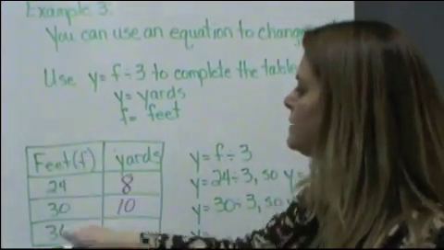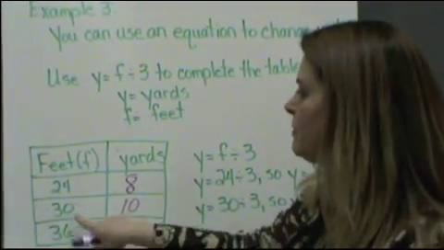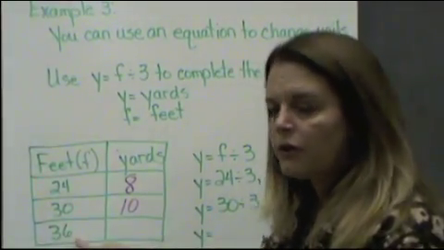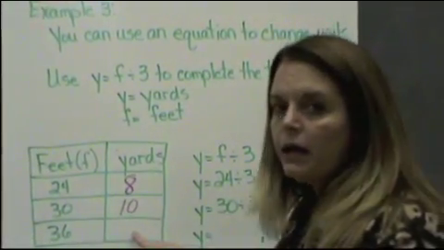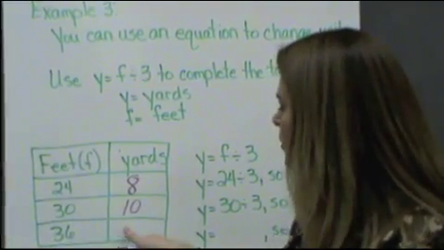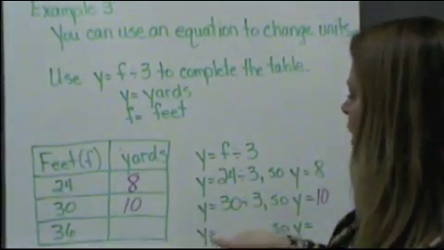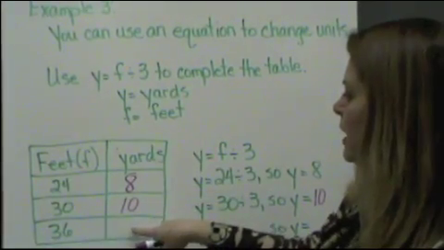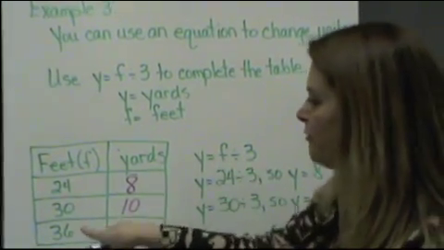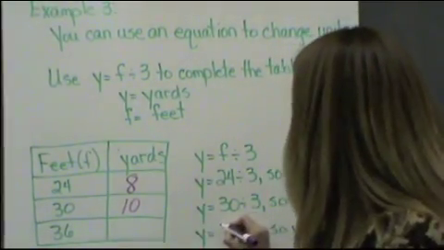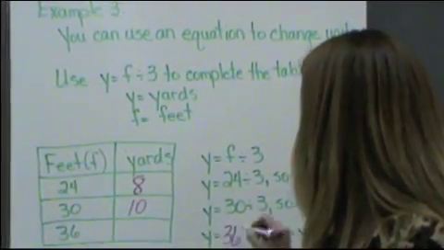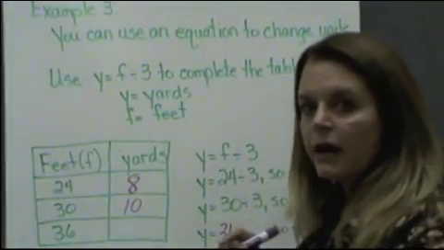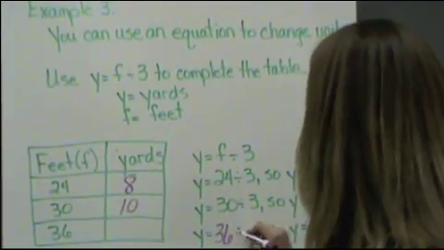My last one is feet. I've measured something, it's 36 feet long, but I can only buy what I need in yards, so I have to convert it. So again, I'm wanting to find what y is, so y equals f, that's my feet, 36. My equation says to divide that by 3.